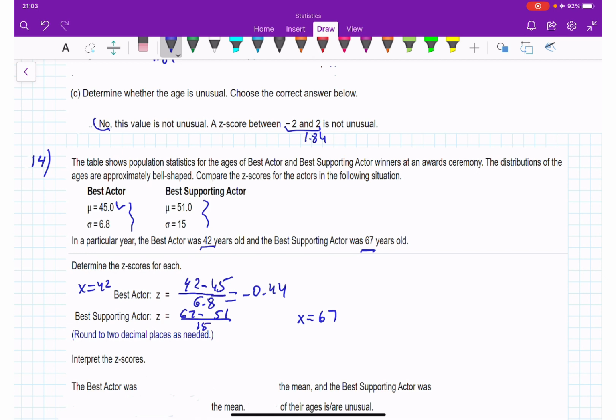We take data from this best supporting actor, right? And this is going to be equal to 1.07. Okay, round decimals as needed. Okay, we will round it.